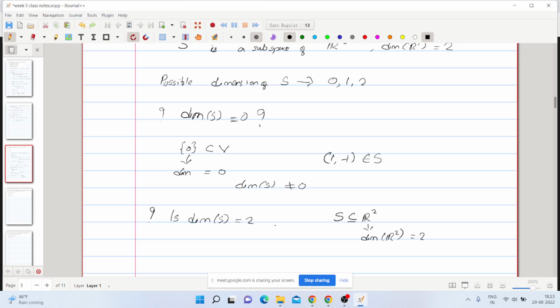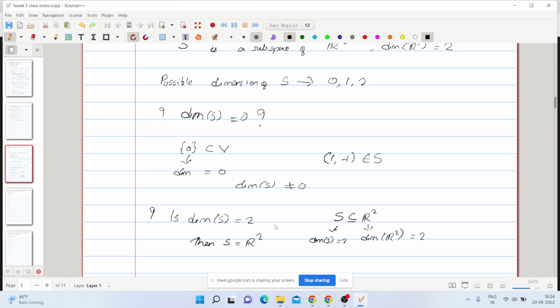If I am saying the dimension of S is also 2, what can we conclude? S is the same as R2, right? Is that clear? Yes. If the dimension of S is 2, then S equals R2.